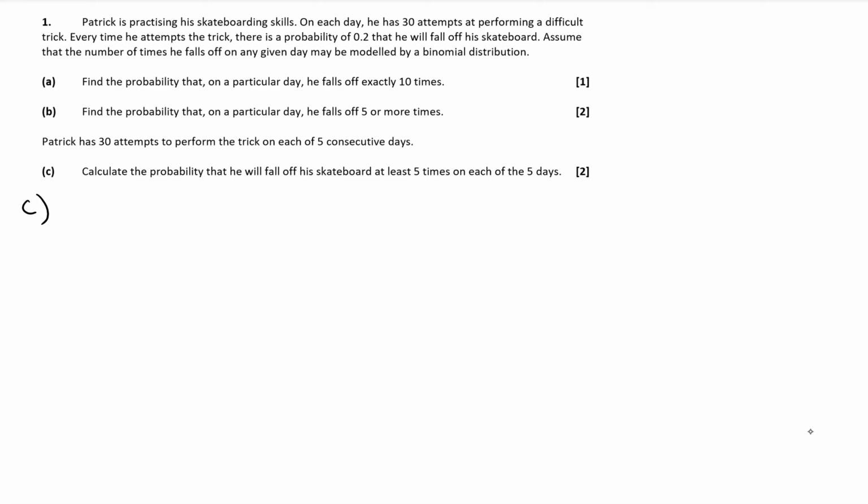Now in part B, we just worked out the probability he falls off 5 or more times is 0.745. Okay, so this is what we got from part B. Just read the question carefully.